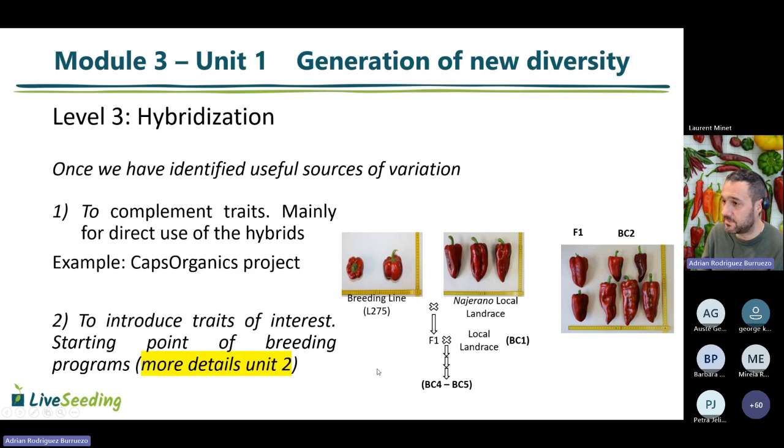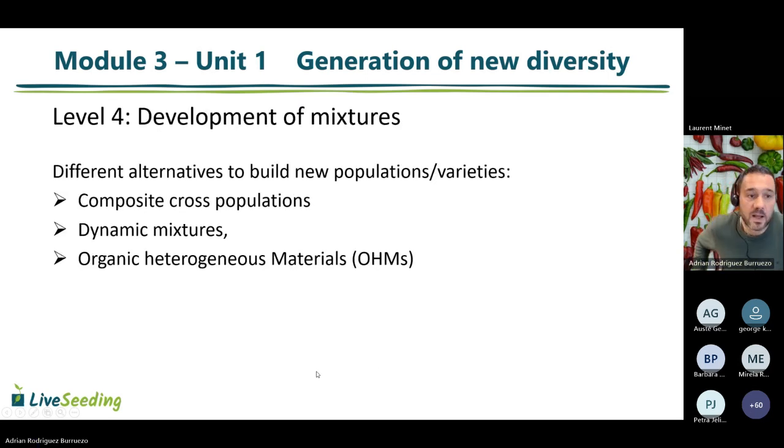So this is an example of hybridization. And the fourth level, the development of mixtures. The development of mixtures is a step forward. It is when we use crossings or hybridizations to build new populations or new varieties as starting points for breeding or to start dynamic populations.